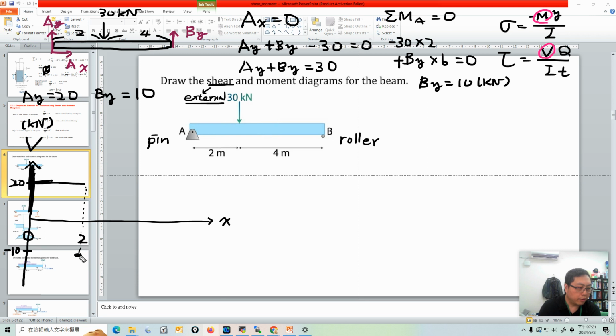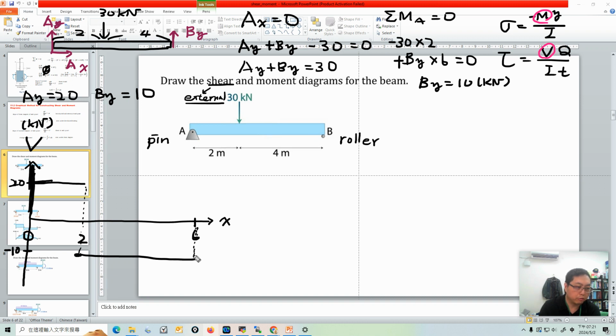And between 2 and 6, there is no other external force here, so it will keep a straight line. But at the final point, the end point here, it will go back to 0.